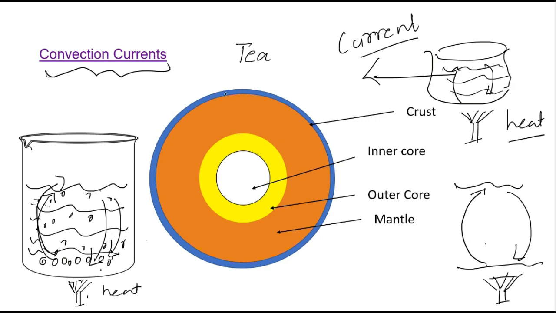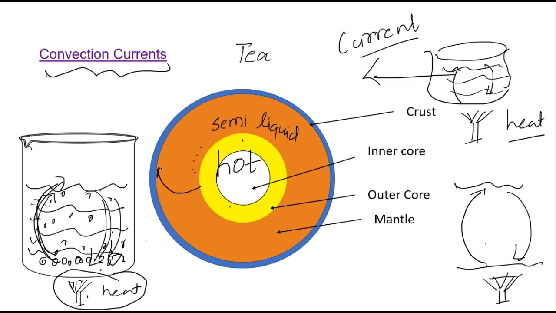Now here in the case of earth, this is very hot and this is semi-liquid. The same thing happens here. How this heat is used to move these particles upward and then downward, the same thing happens here. There is a movement of these particles upward and then the surface particles will come down.